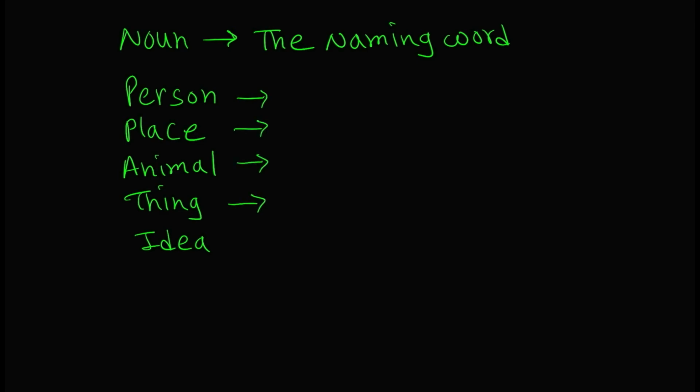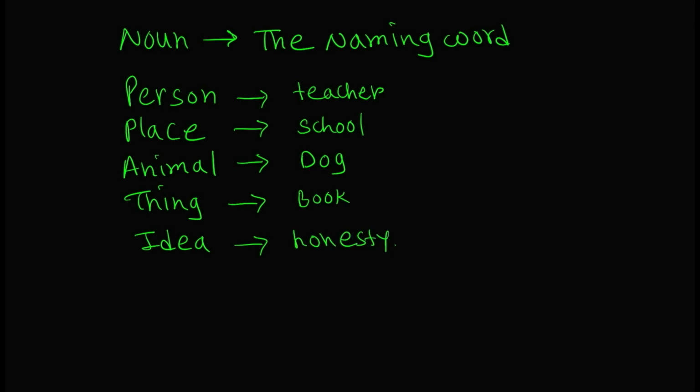So what we see around us, we can name a person as a teacher; place, school; animal, dog; thing, let's take a book; or idea, let's take honesty. So all of these are nouns.